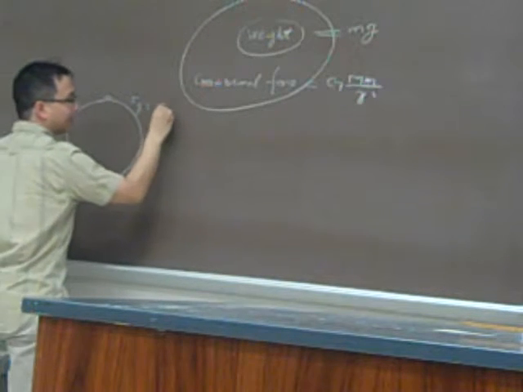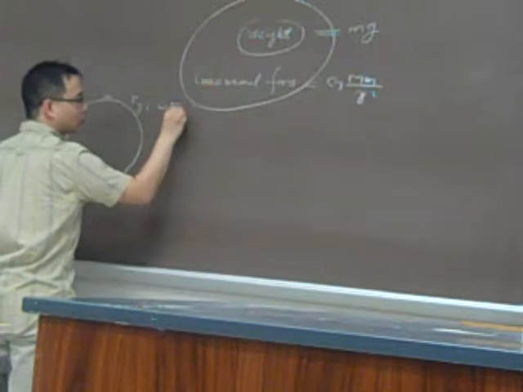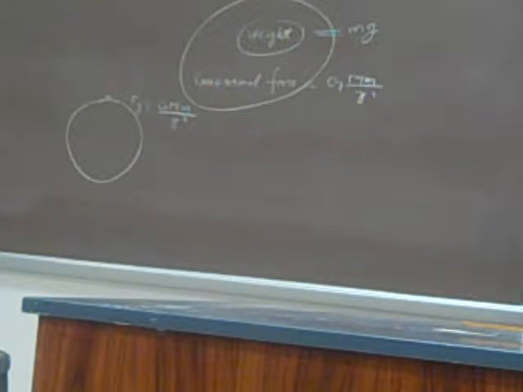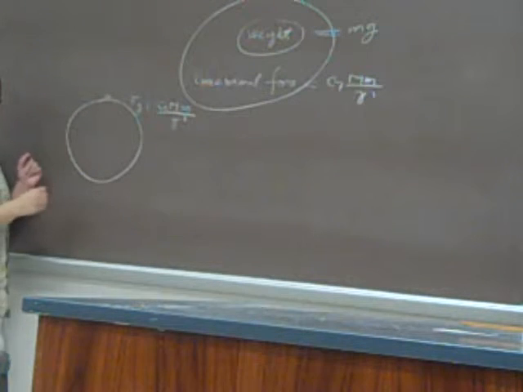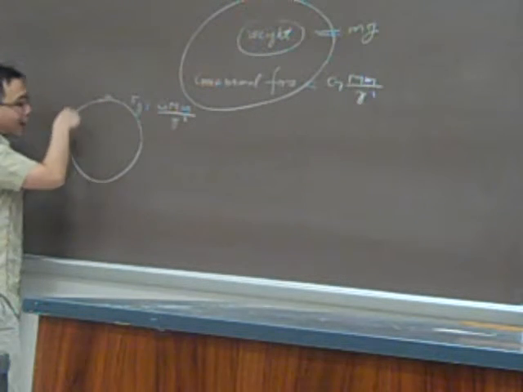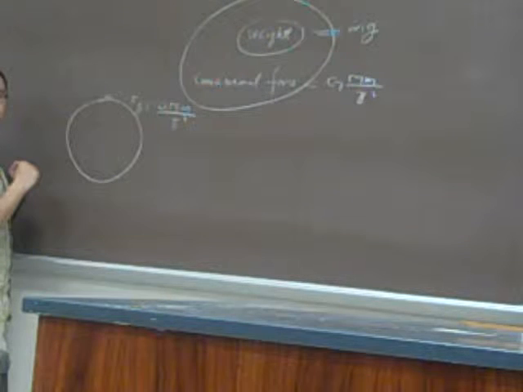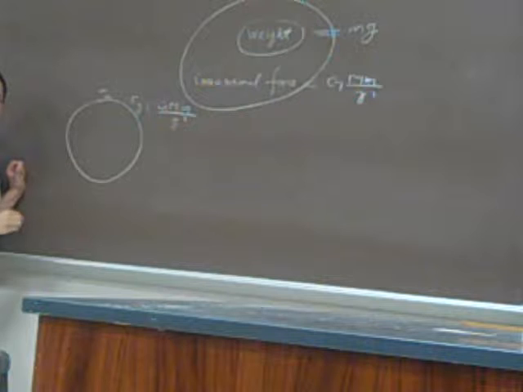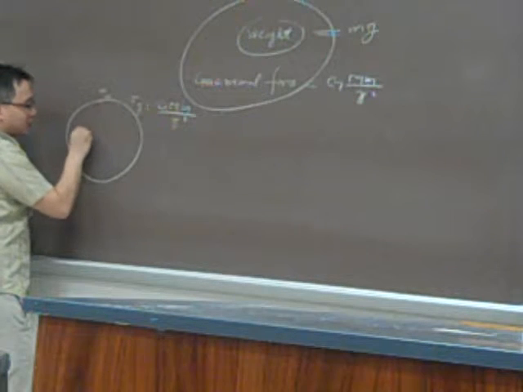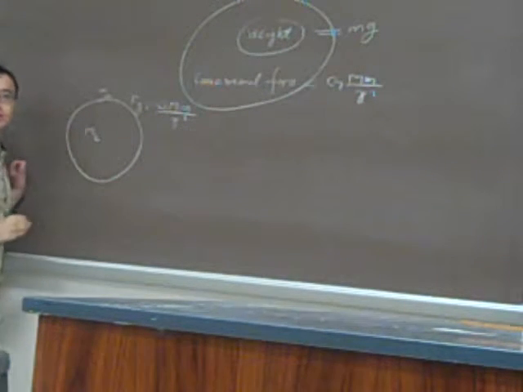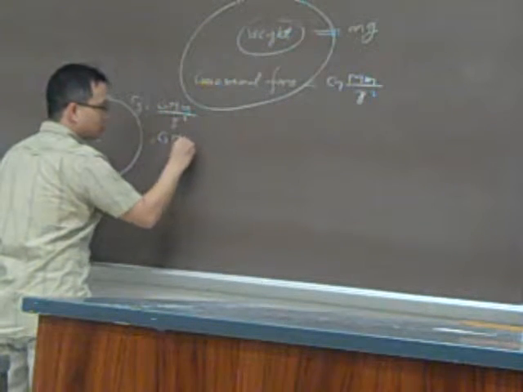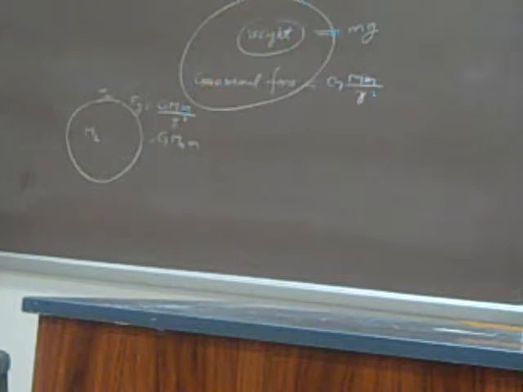Fg in general should be capital G, capital M, small m over r squared. In this case, that's the attraction between this person and the Earth. Small m is the mass of this person, and capital M is the mass of the Earth. So we have G, ME, m. Here ME is the mass of the Earth, a constant.